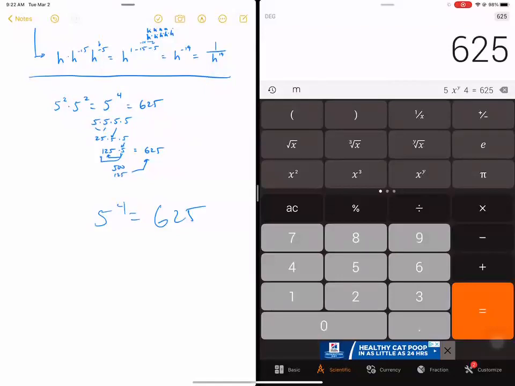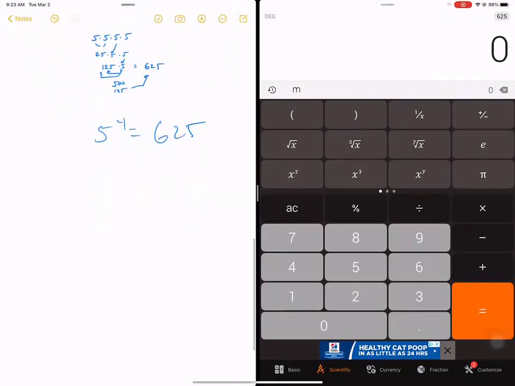What if it's a simple squared or cube? Oftentimes the calculators will have squares and cubes already here. So let's look at another problem. If I write 3 squared over 7 squared, do we have to move numbers at all? 3 squared and 7 squared? Are they numbers that we need to cancel out?